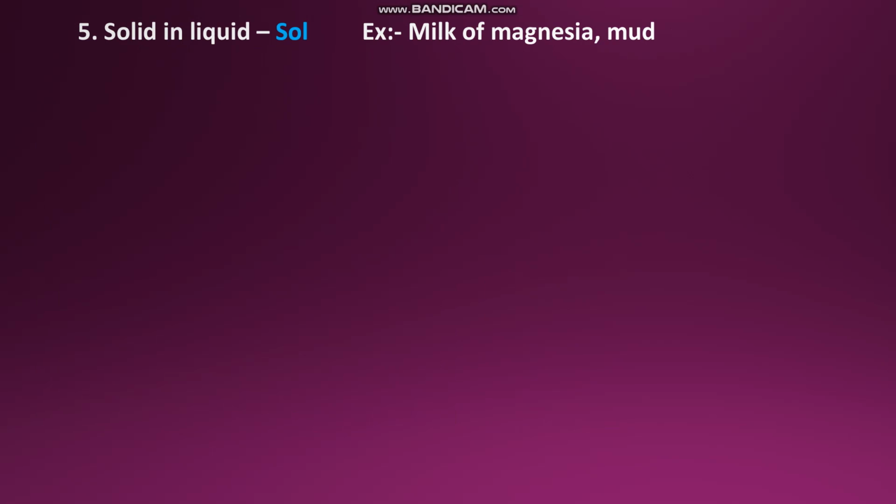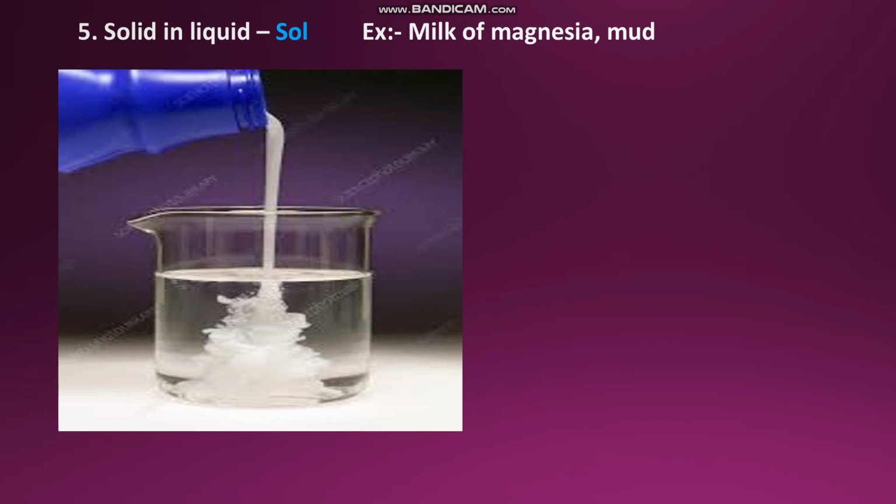Next type of colloid, solid in liquid. Solid particles as a dispersed phase, dispersed in the liquid medium. So here the dispersed phase is solid, dispersion medium is in liquid state. They are called sol. Example for solid sols, milk of magnesia.